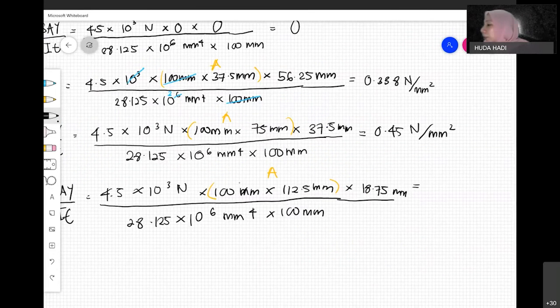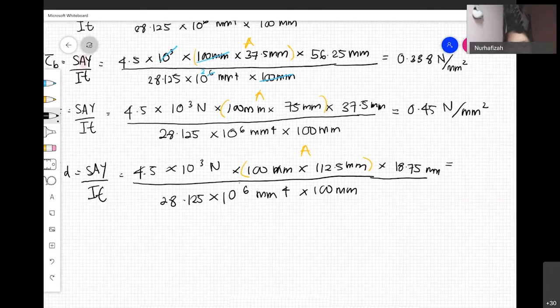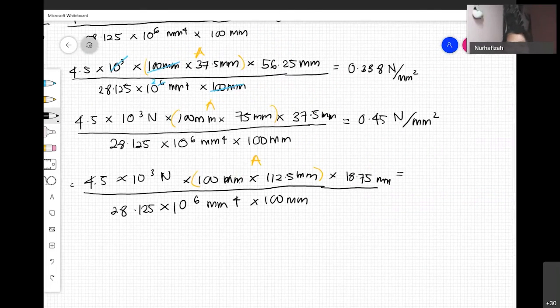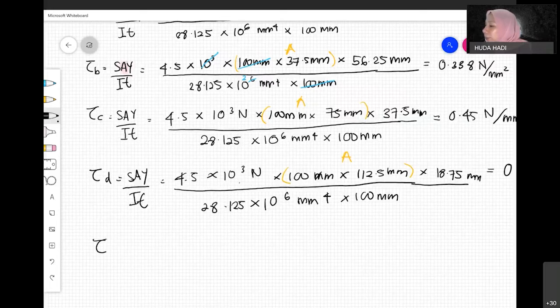Nur Hafizah, berapa value tau D? 0.3375 meter. Okay, 0.3375 which is tak kisahlah you nak pakai 3 decimal 4 decimal lah. And then last but not least we have for point E. Okay, sama je cara.